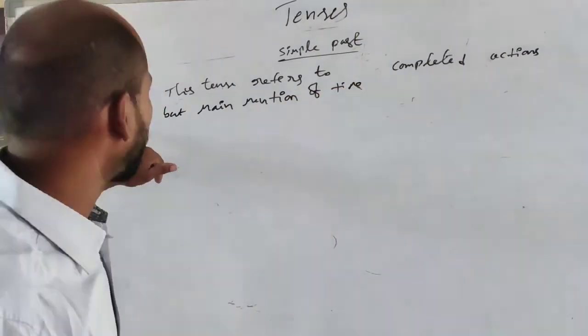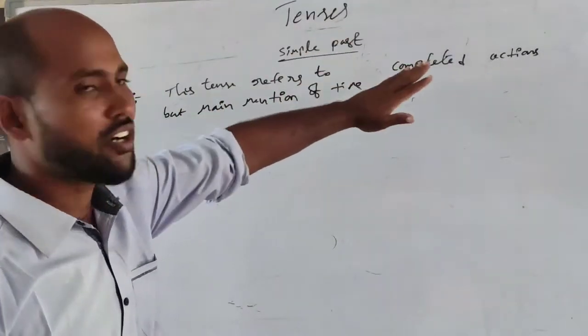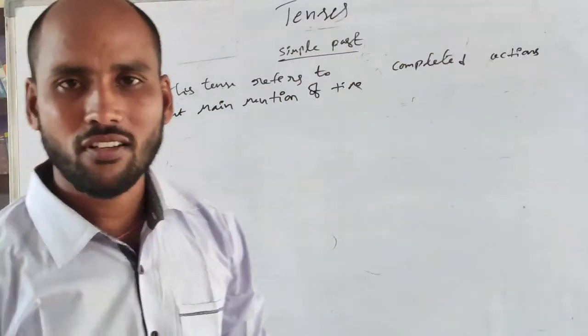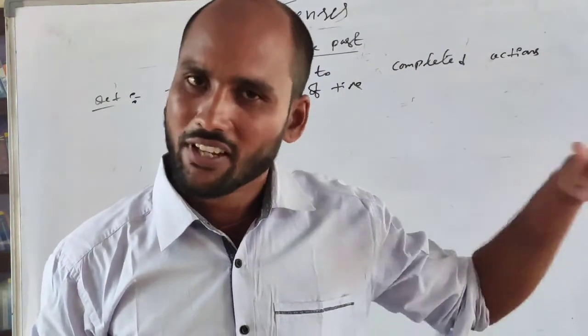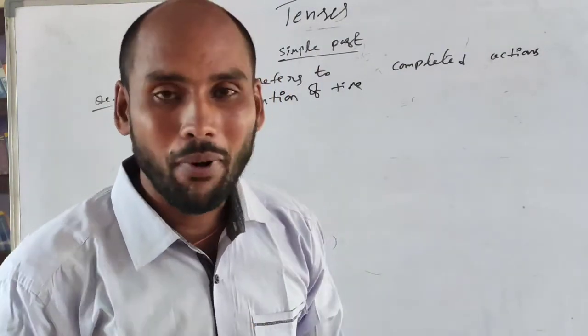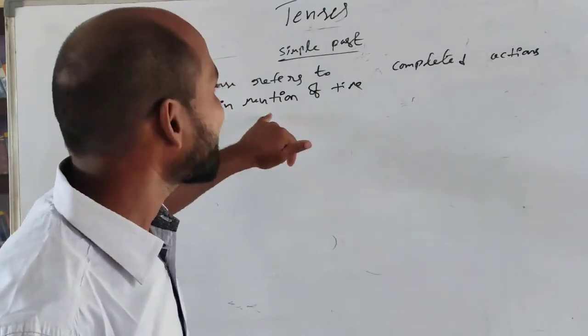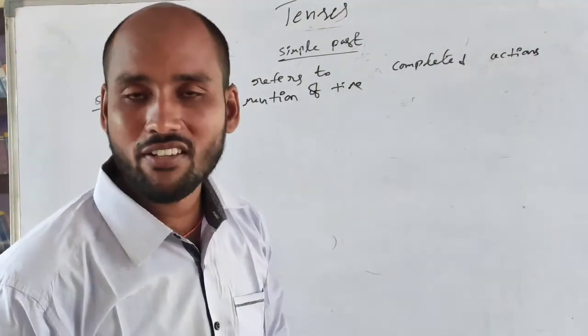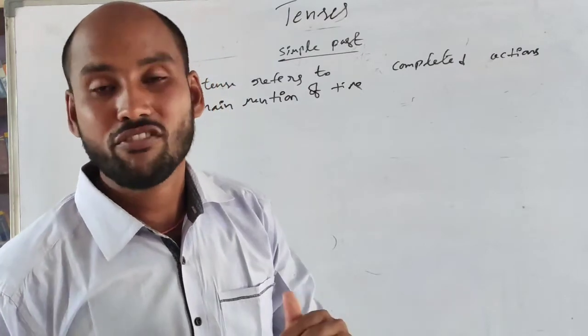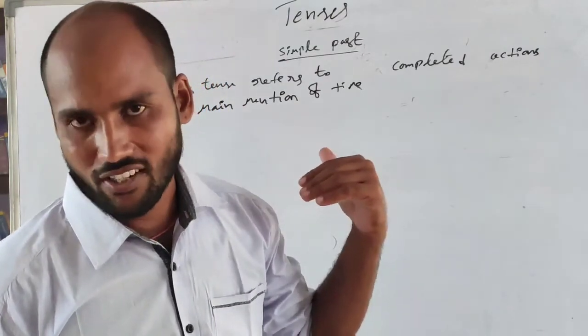First we know the definition. This tense refers to a completed action. Past tense means the action is already done by someone, completed. But in the action, the mention of time is a must for the simple past tense.